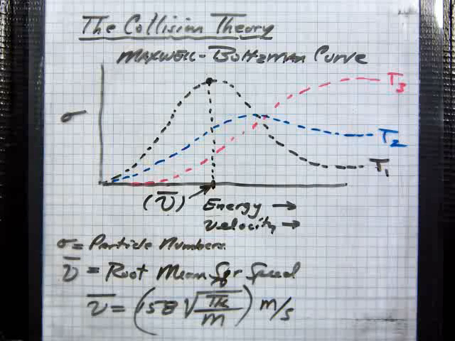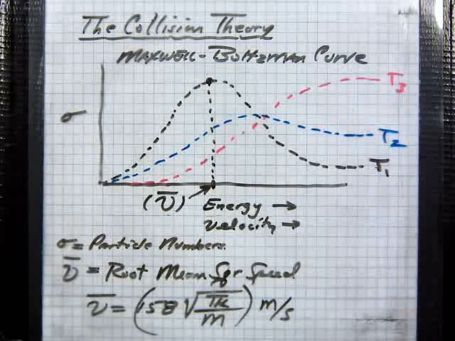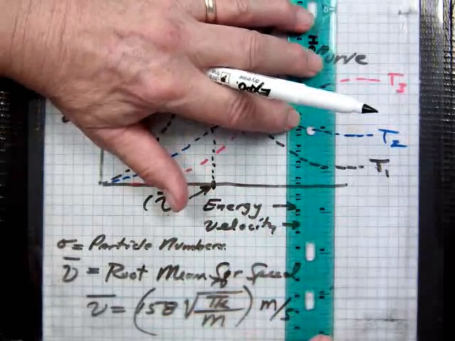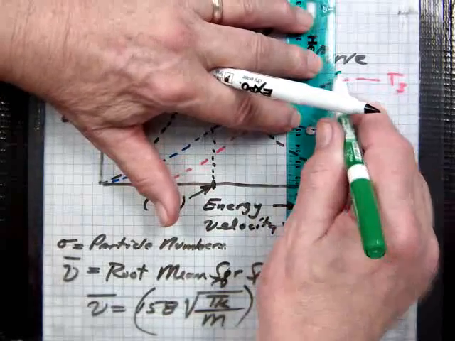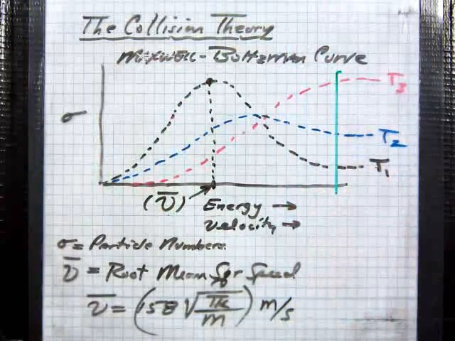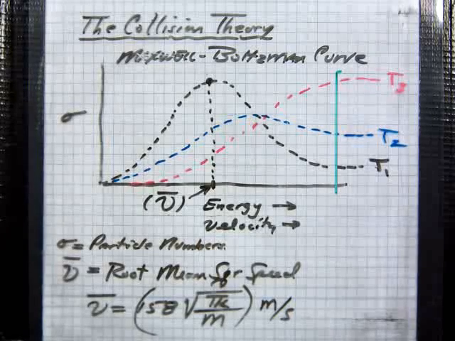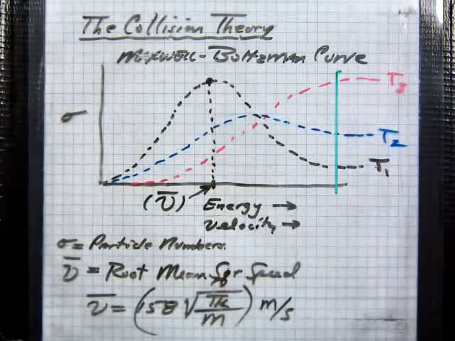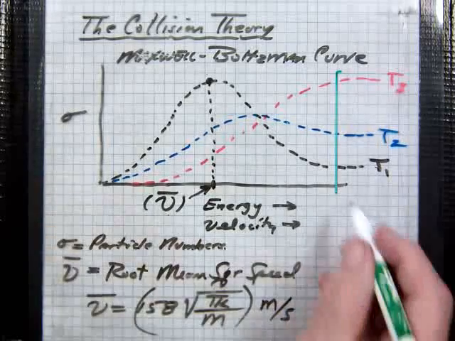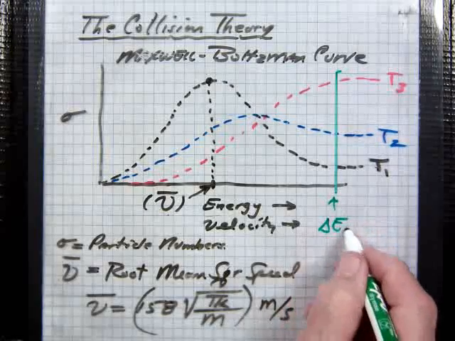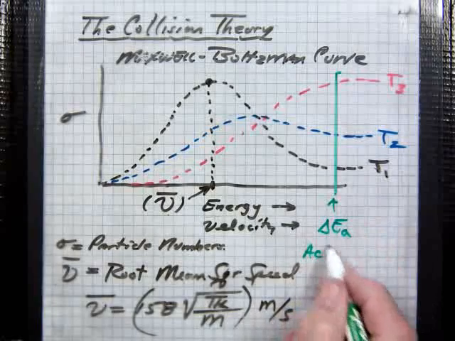Well, what's unique about this is that you can use this curve to define what is known as activation energy for a reaction. Particles of a reaction have to be at or above this energy threshold or velocity threshold in order to proceed to products, and that's called the activation energy, delta EA.